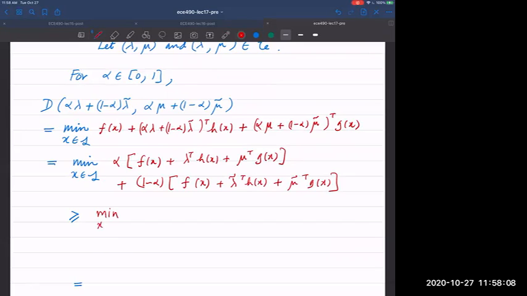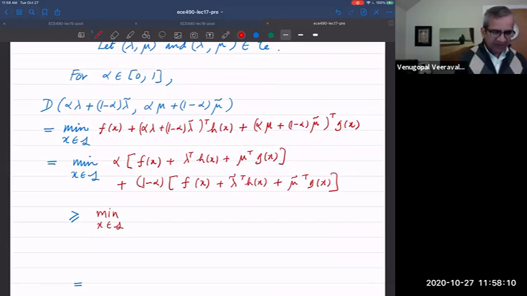And this is similar to the result we used earlier. We looked at the maximum of a bunch of convex functions, and we said that the maximum of a sum is less than the sum of the maxima. And this is the opposite. So the minimum of the sum is going to be bigger than the sum of the minima.